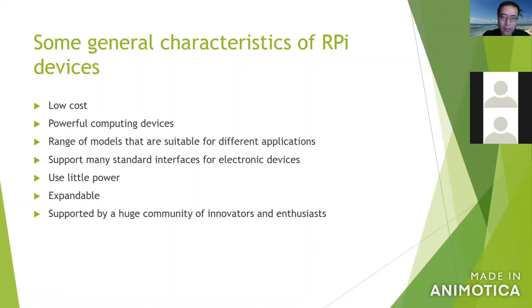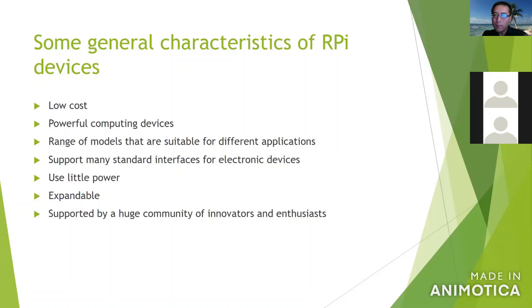It's considered as an embedded system. When we say embedded system, it's not that powerful compared to a general purpose computer, but most of the time embedded systems are designed for special purpose. However, Raspberry Pi is a general purpose embedded system.